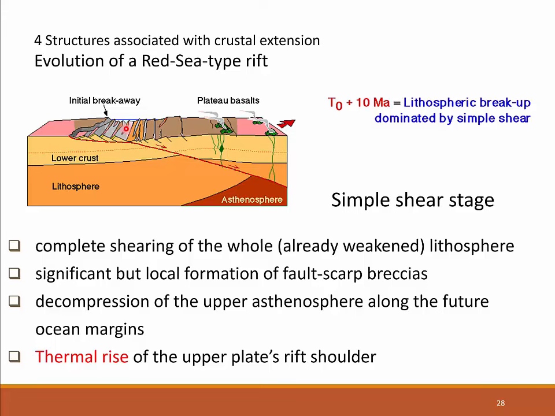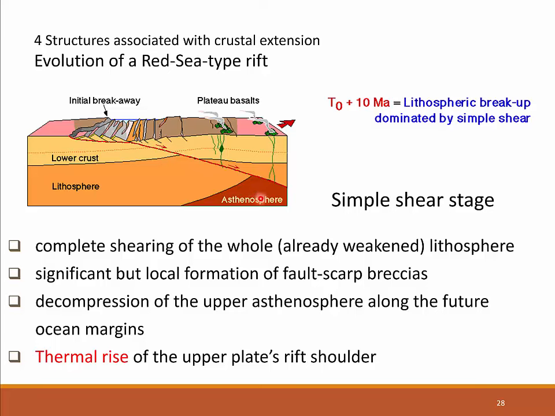We see examples for that, for instance, in the East African Rift, where large lakes like Lake Tanganyika or Lake Nyassa are forming. Due to the thinning of the lithosphere here underneath the upper rift shoulder, we will find a decompression of the asthenospheric mantle, and decompression of asthenospheric mantle means decompression melting.